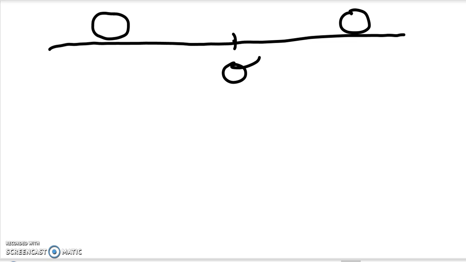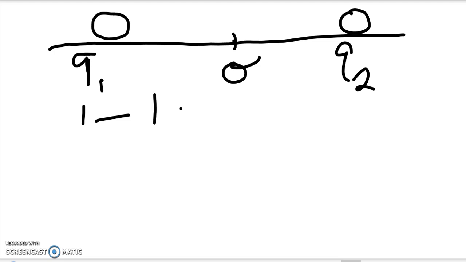And even though they look somewhat symmetric, let's make them off balance from the origin. Let's call this Q1, we'll call this Q2, and we'll say that this distance is 1 centimeter from the origin, and this distance is, let's say, 2 centimeters.